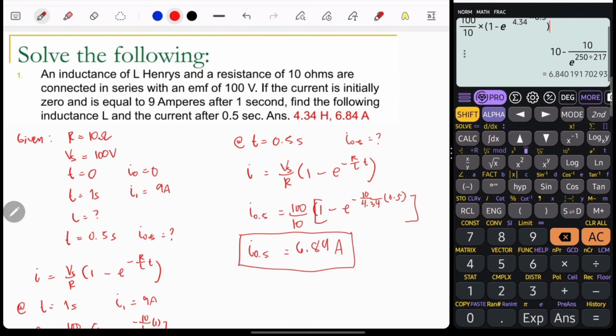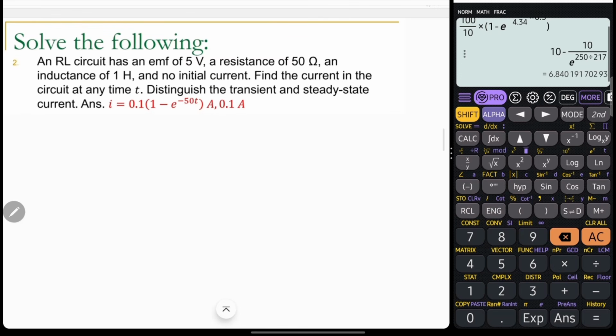Another example. An RL circuit has an EMF of 5 volts, a resistance of 50 ohms, and inductance of 1 Henry, and no initial current.